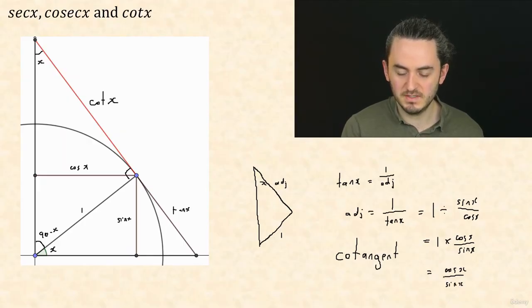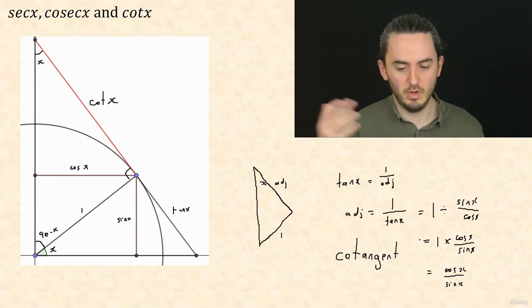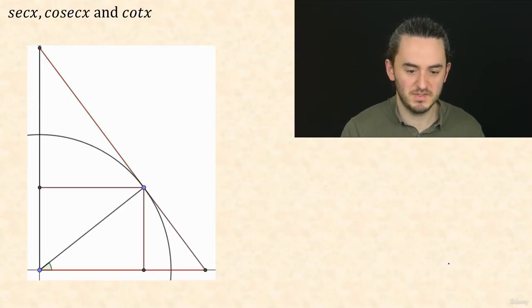So the alternative definition of the cotangent is cos x over sine x. You work going forwards, you're going to need to be comfortable with cot x being either, or both, 1 over tan x or cos x over sine x. Okay, there are more lines to investigate in this diagram. So let's find the length of this red line down here.